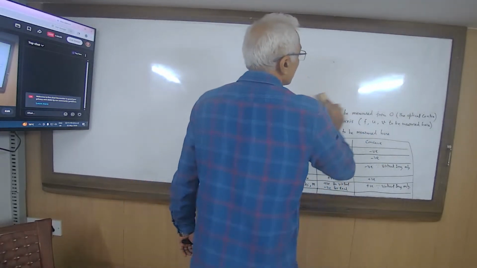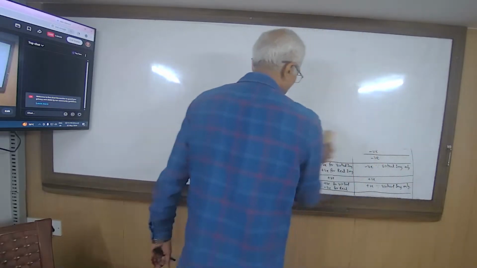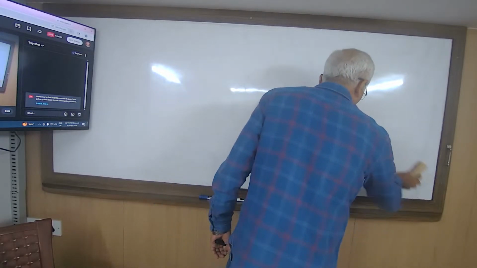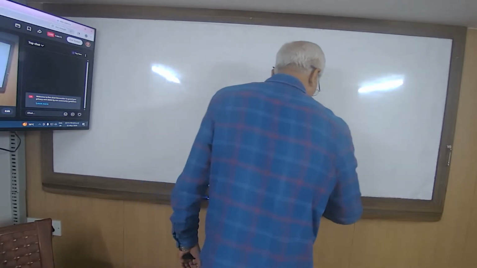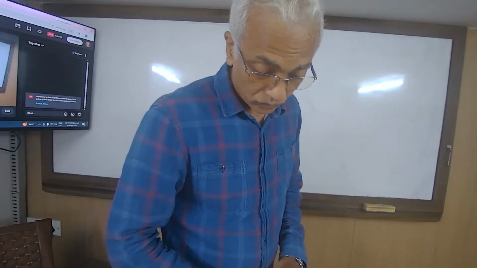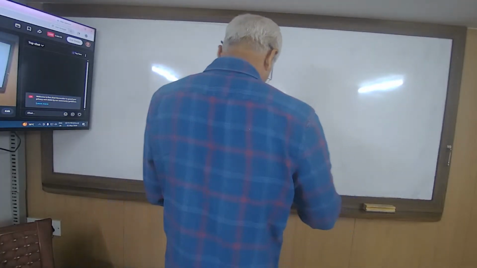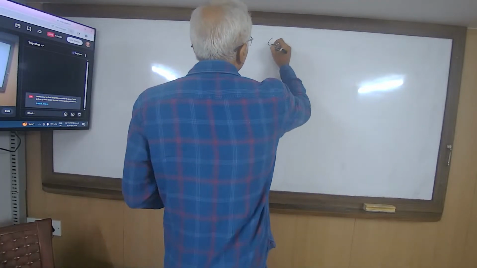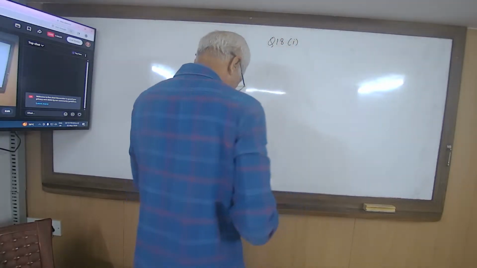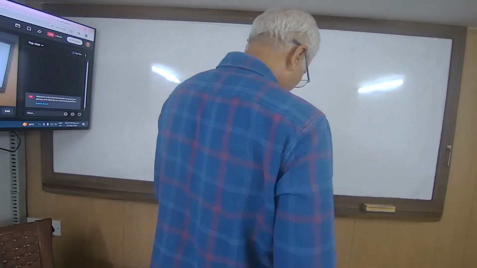So now read question number 1 of question 18. What is given here? The velocity of light in glass is lesser than the velocity of light in diamond.